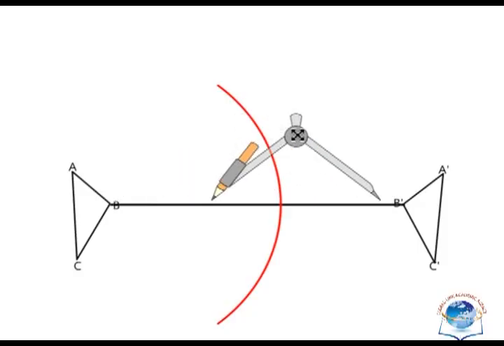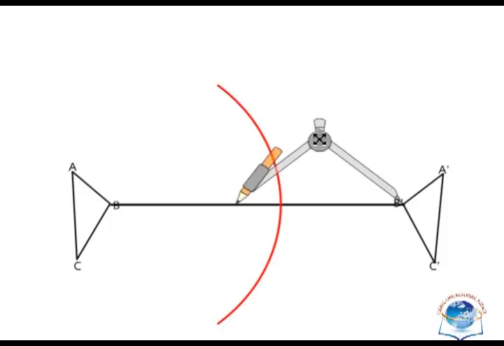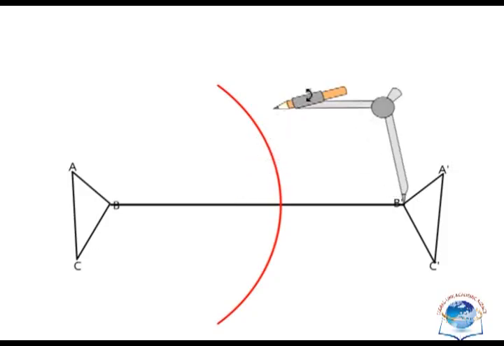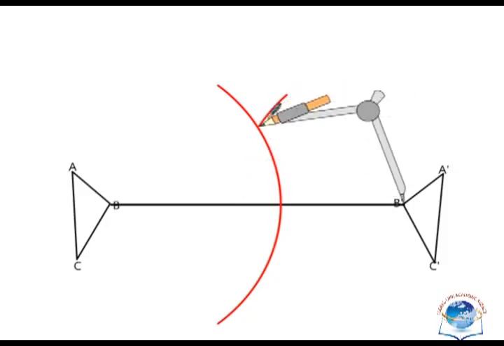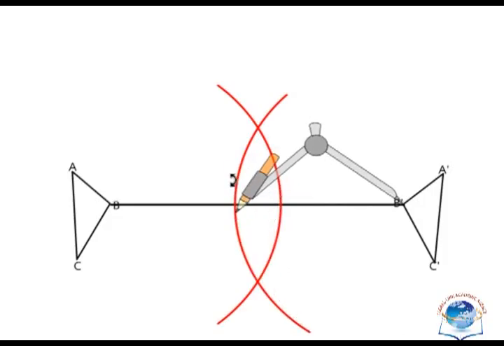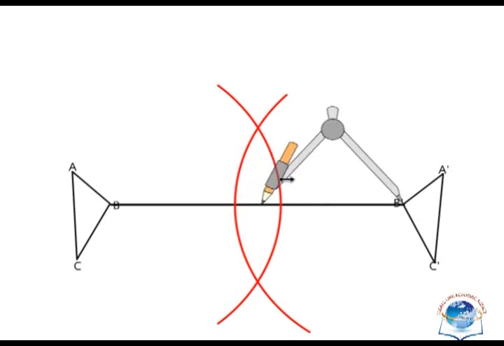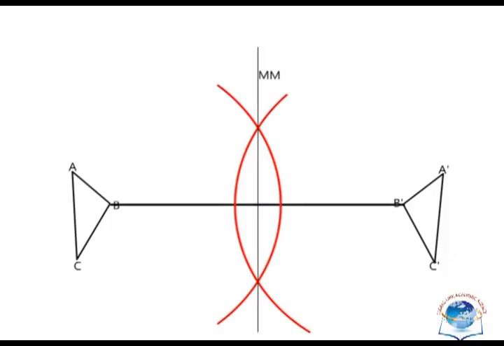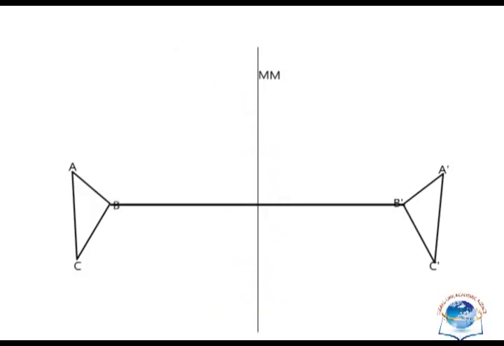Now move the compass to the other point, maintaining the same radius, and again mark an arc from up to down. Now the two arcs have intersected. I will close the compass now and draw the bisector. This line is the mirror line. It's MM.